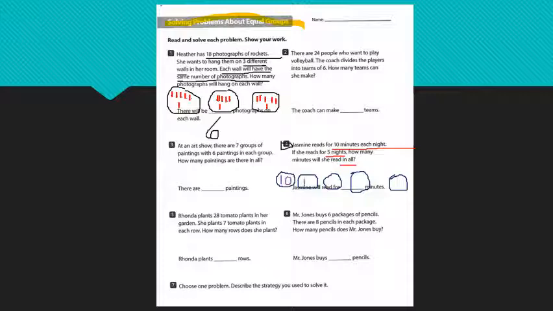I want to know the total number of minutes she reads. So what I have to do is add up all of these 10s, or I can skip count by 10s. So 10, 20, 30, 40, 50. Jasmine reads for 50 minutes total.